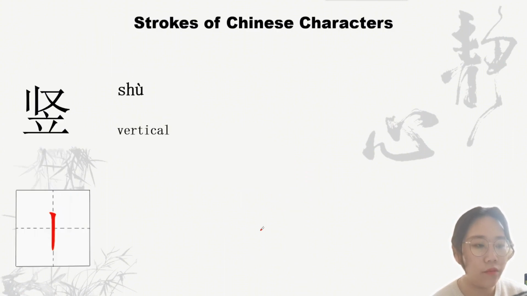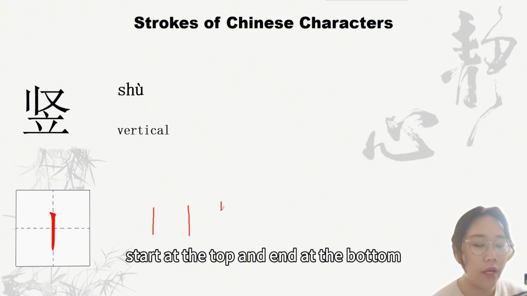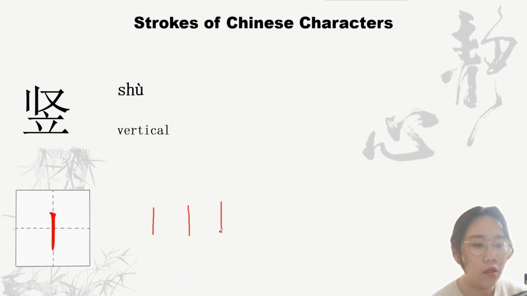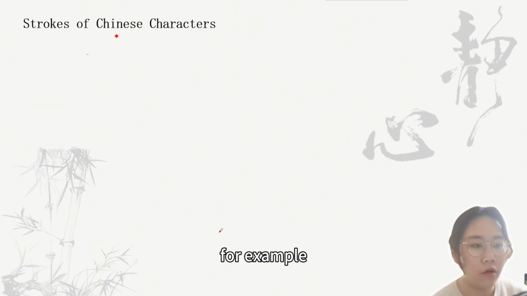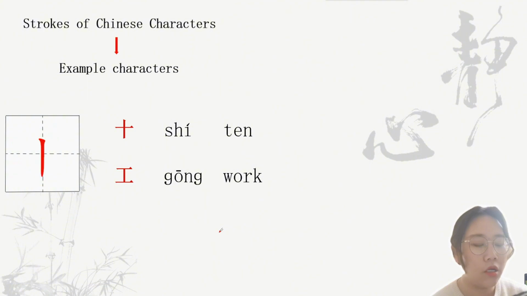Next, 竖, vertical. Start at the top and end at the bottom. For example, 十.